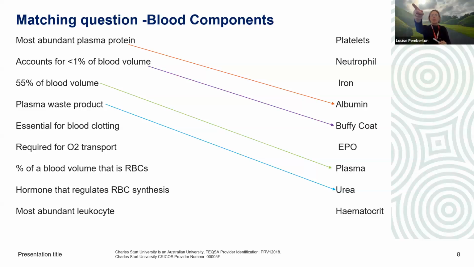Essential for blood clotting: platelets, absolutely. Required for oxygen transport: yeah, iron. Percentage of a blood volume that is red blood cells.